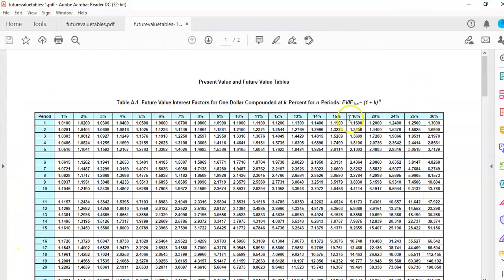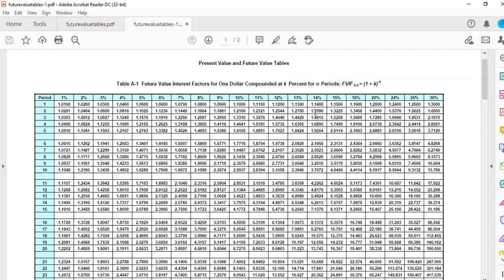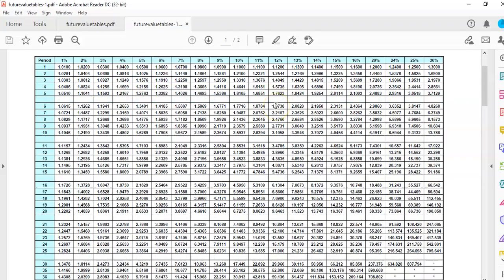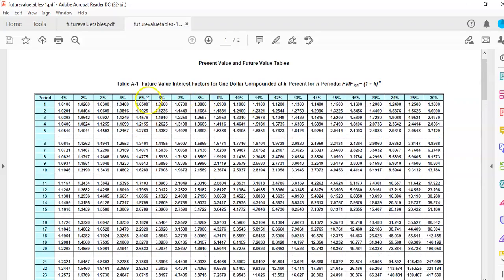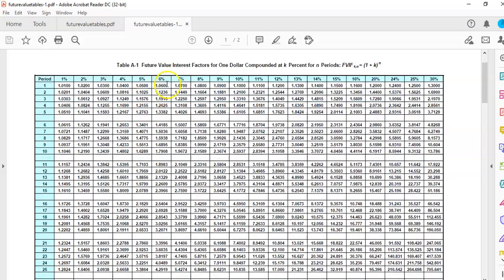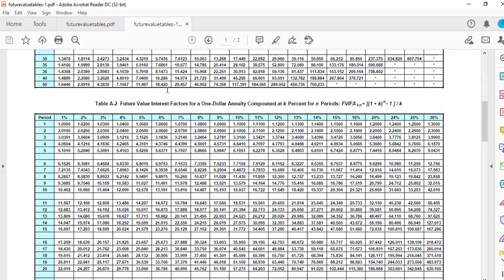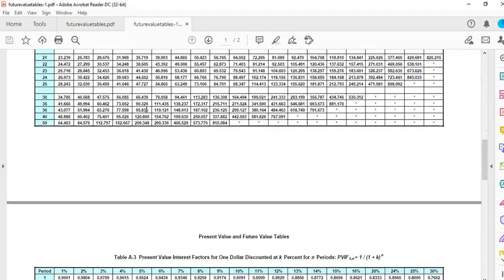For this one, we can do the calculations by using the formula or looking at the present value or time value of money tables. We want the present value, so you need to make sure you're checking the right table. This one's future value. This one's also future value.